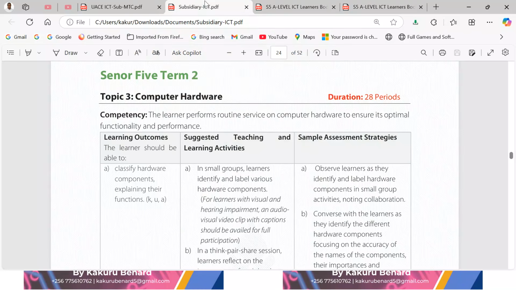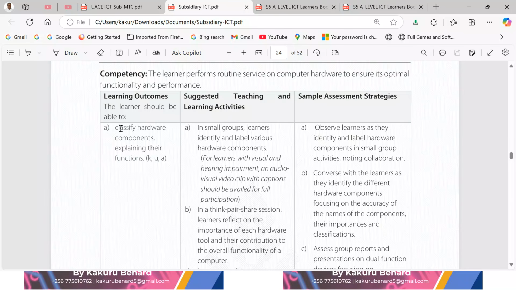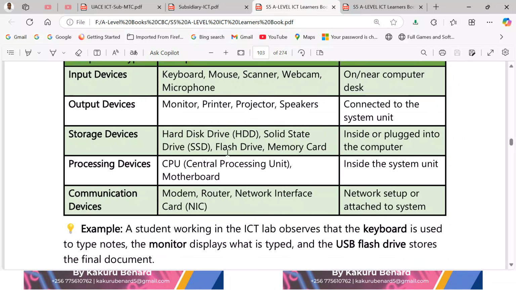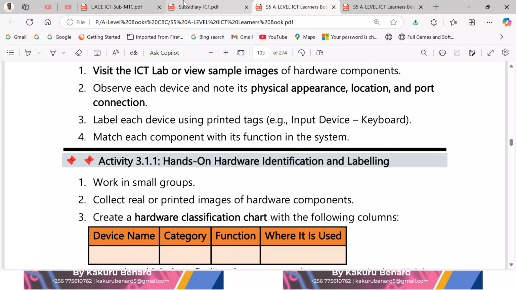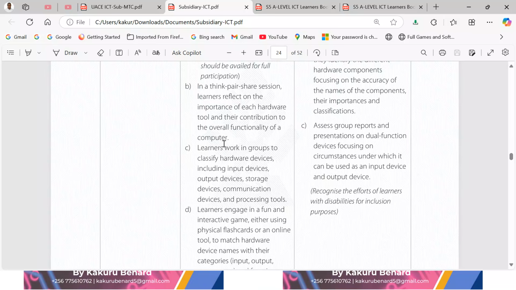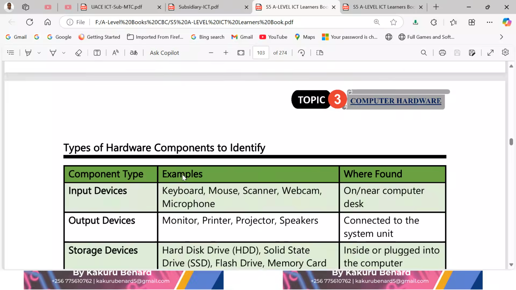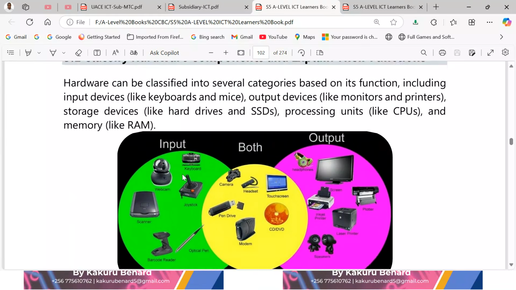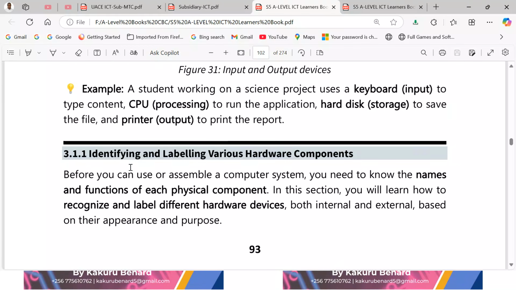Now, when you look at the syllabus, the way it has been organized, that is how the content is also flowing. For example, if the syllabus is saying that learners work in groups to classify hardware devices, including input, output, storage devices, communication, and processing, here we are now classifying the hardware tools.